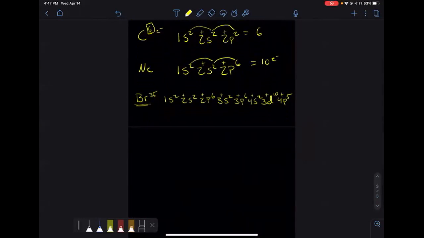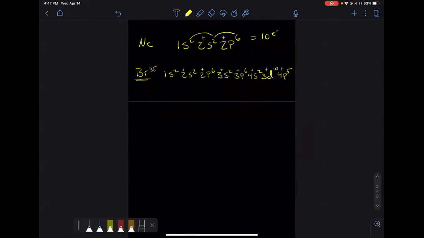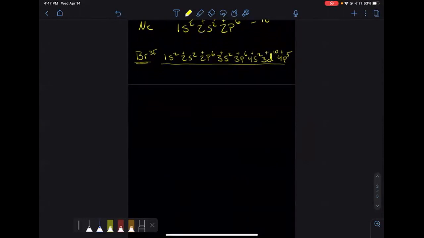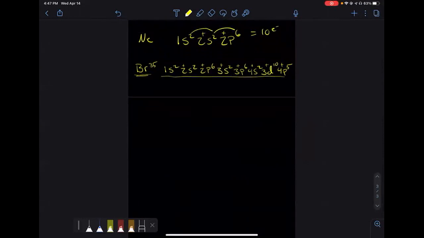Now, every once in a while, when you get to some of these, this one's getting pretty long, you know, to have 35, but there is a shorter way to do it. Instead of writing this whole long configuration, we know that it's going to be the exact same up until argon. So say this was a 4 instead of a 5.